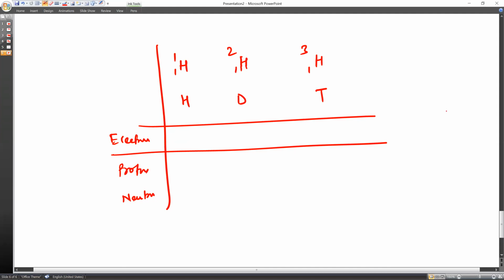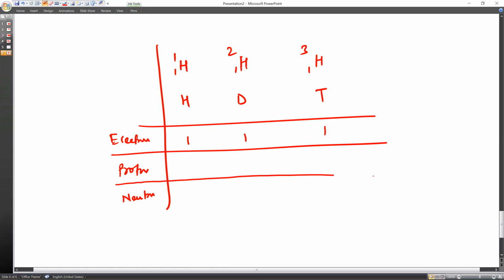All of them are going to have the same atomic number. Electron and proton are the same. 1, 1, 1 in all.